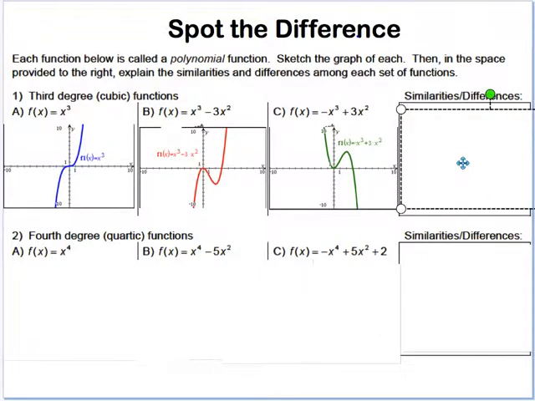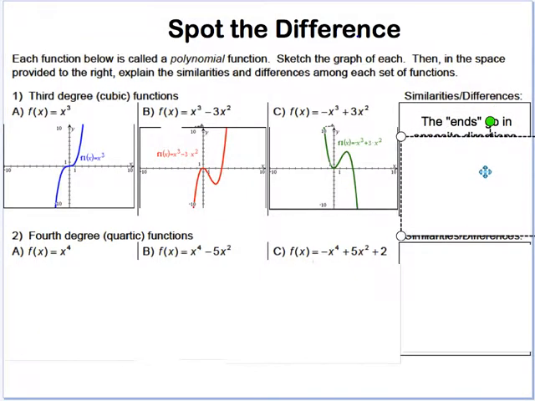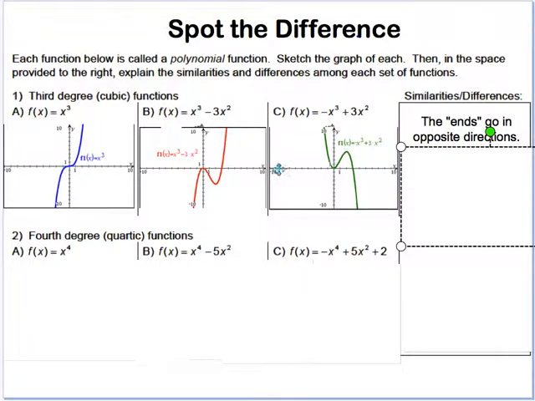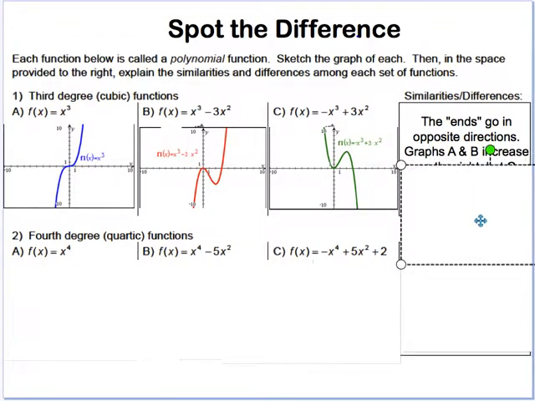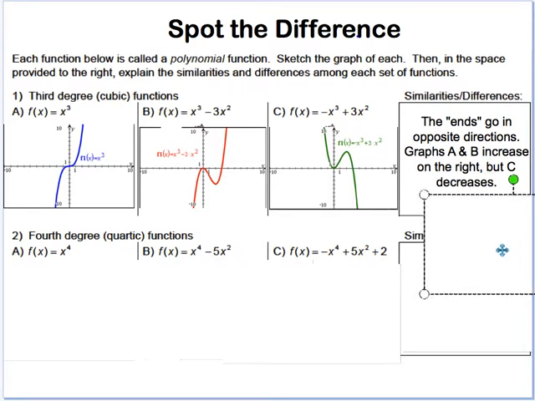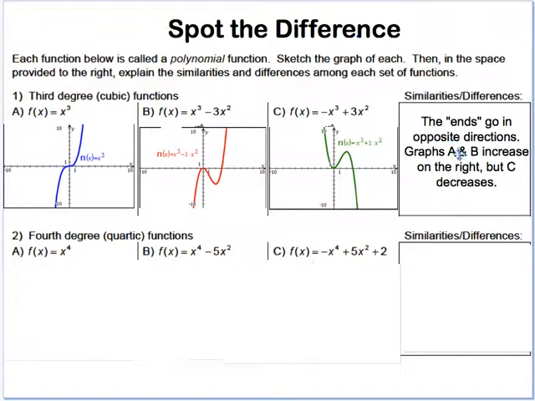So let's go over the similarities and differences with these 3 graphs. First of all, the ends are going in opposite directions. If you look at all 3 of these, one side goes down, one side goes up. That's the similarity between the 3. Then for the differences, graphs A and B are increasing on the right, but graph C decreases.